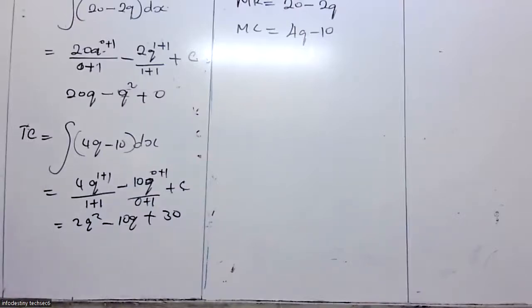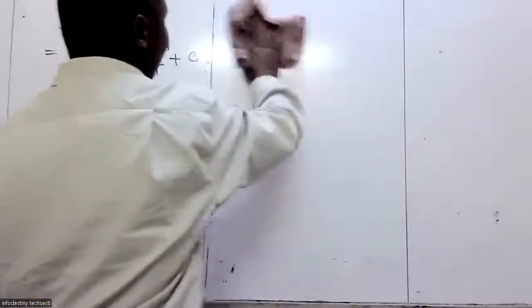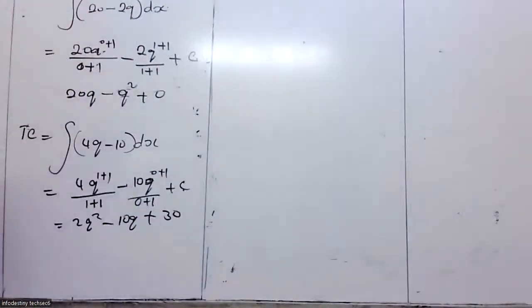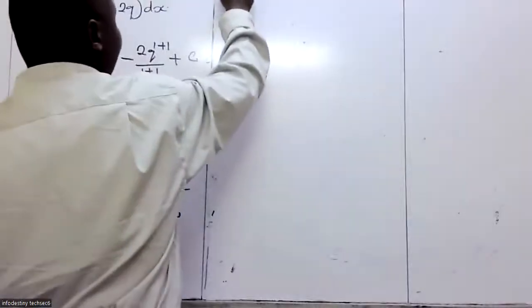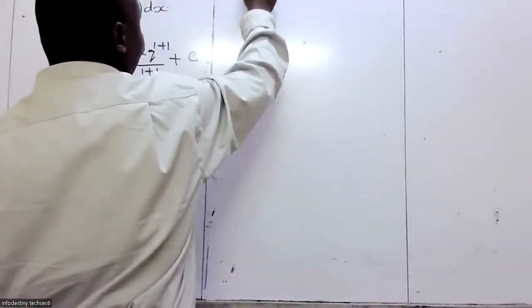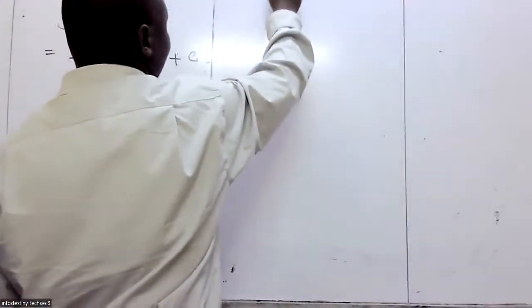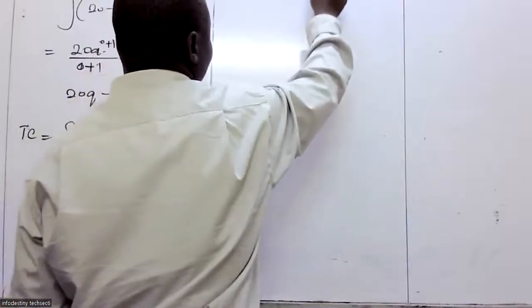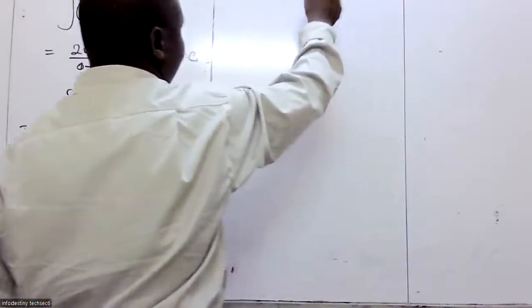Now the next one, they want us to get the profit function. The profit function will be equal to TR minus TC.